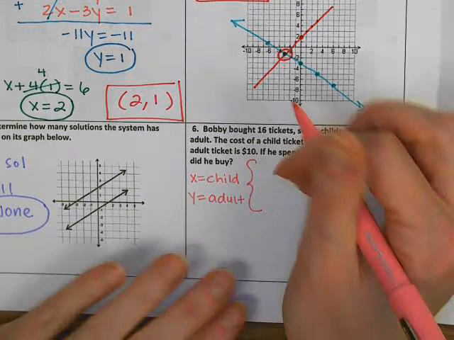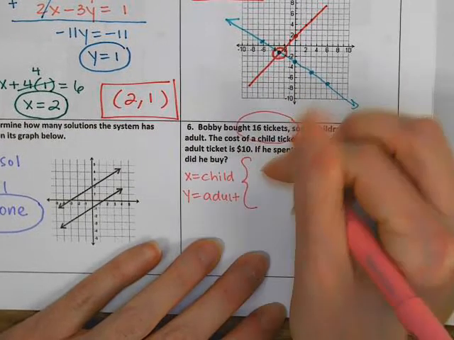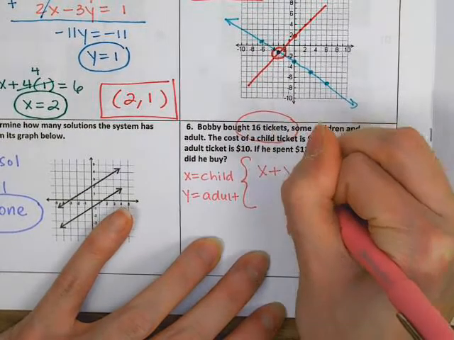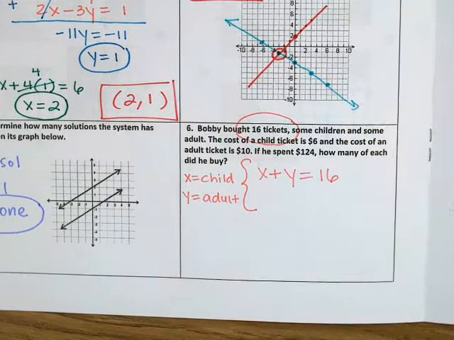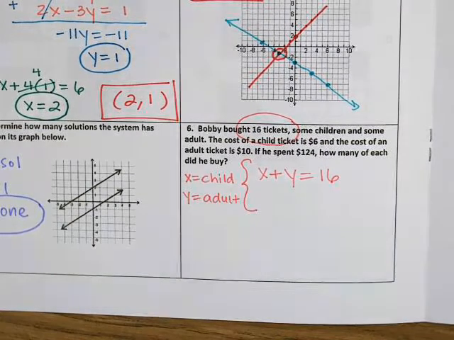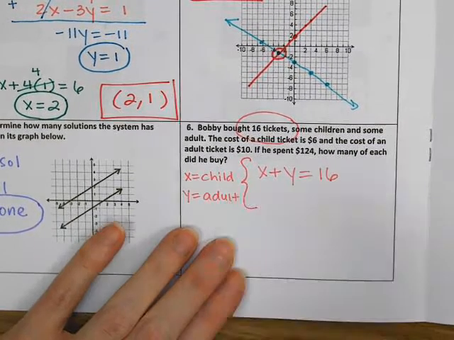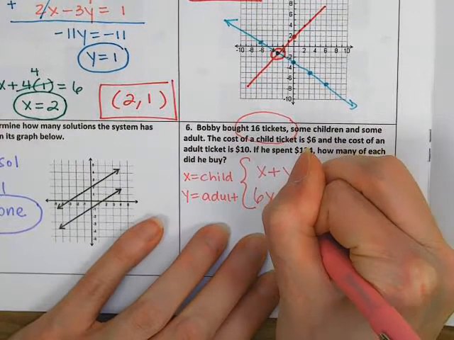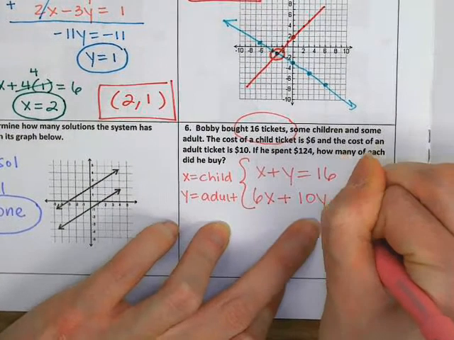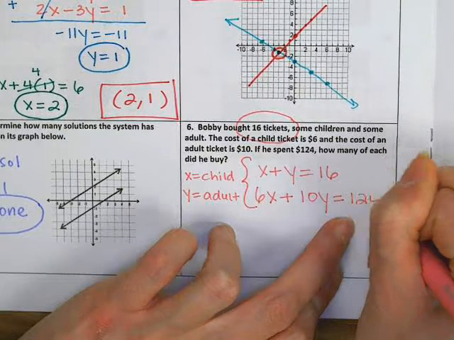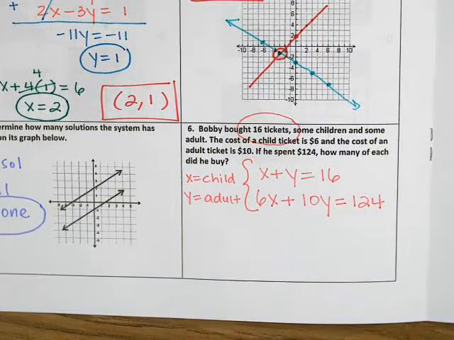So this is one of those ones where if we have 16 tickets, it's going to be X plus Y equals 16. And then the second equation is about money. $6 for a child ticket plus $10 for an adult ticket is 124 total.